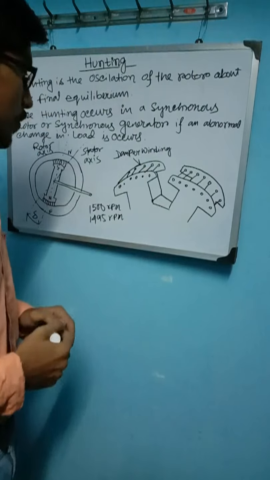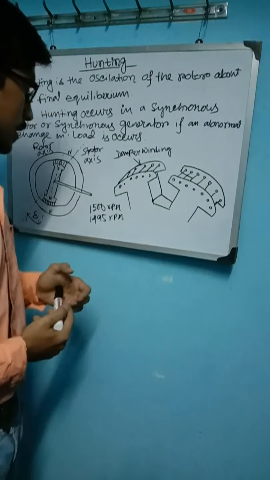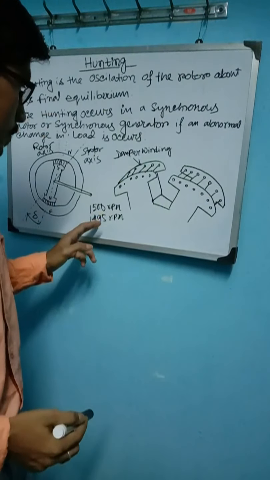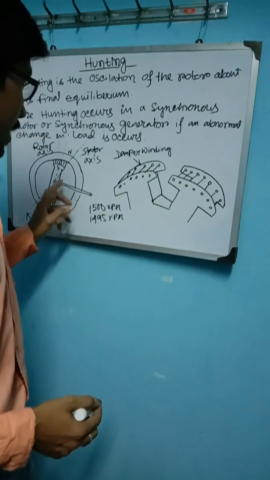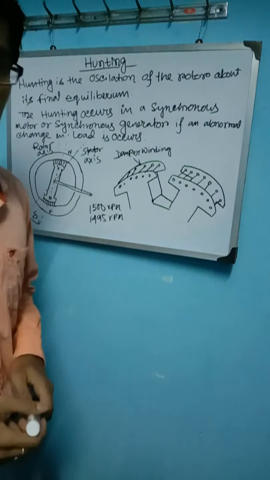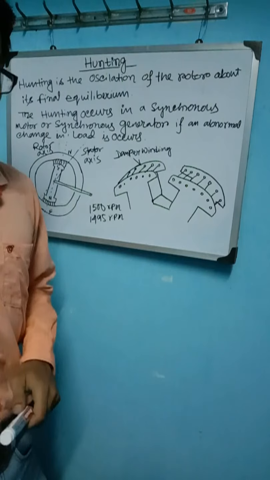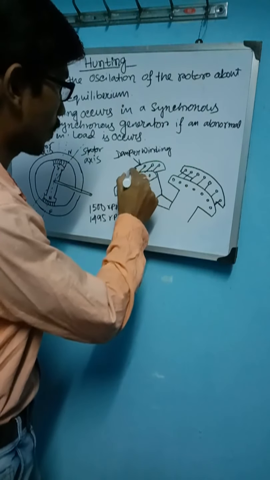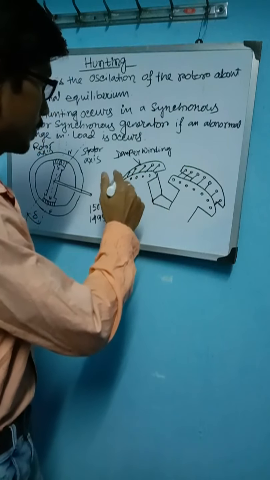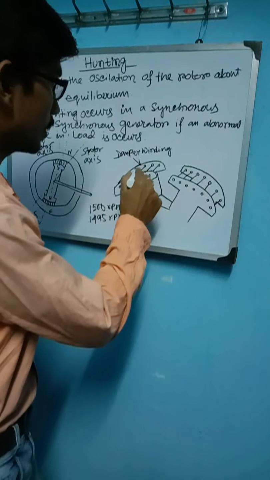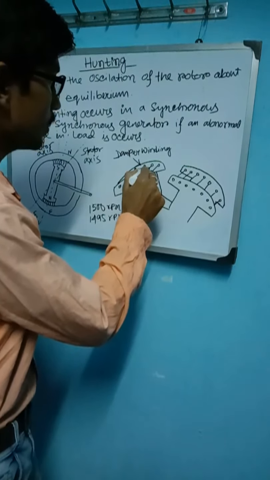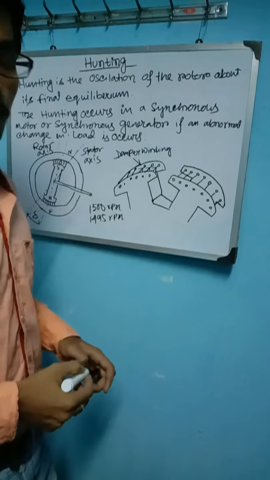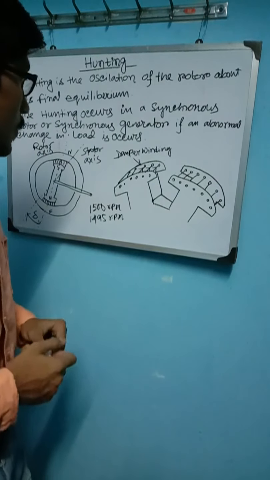There is a relative speed between the rotor and stator flux, so an EMF will be induced, and these are the copper conductors, and as there is a relative motion, current starts flowing.